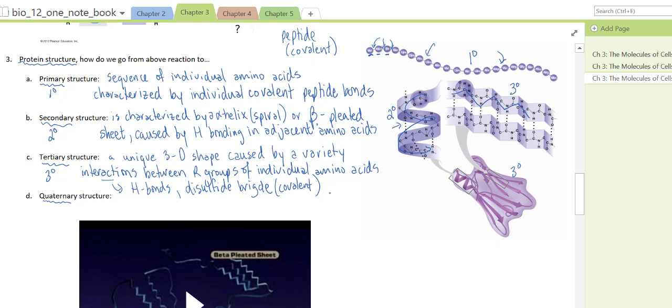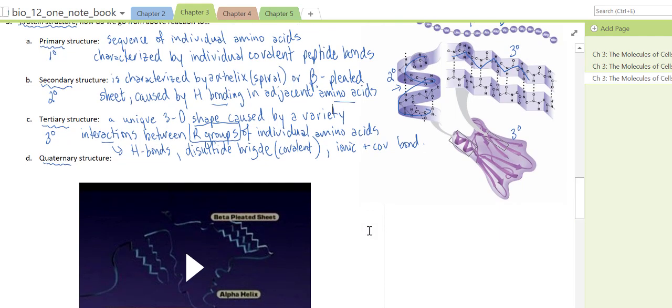So, disulfide bridges or other ionic and covalent bonds. They exist between interactions of the R groups, as opposed to secondary structure, which is hydrogen bonding between adjacent amino acids, between those functional groups, the amines and the carboxylic acids.